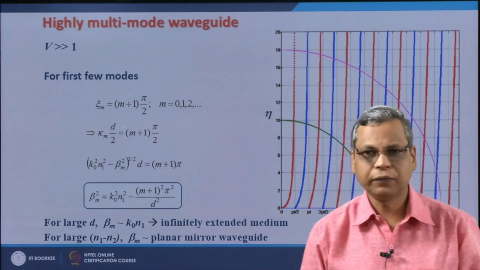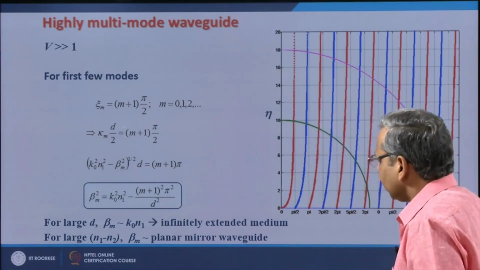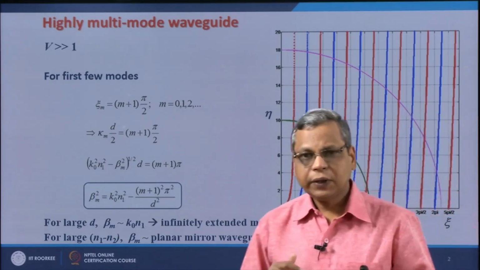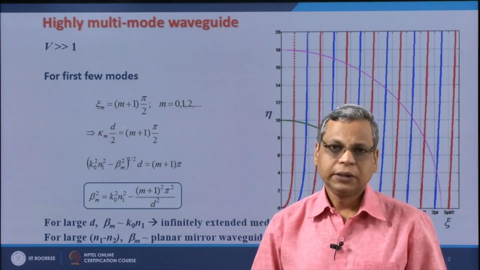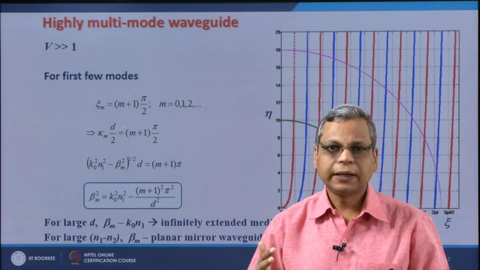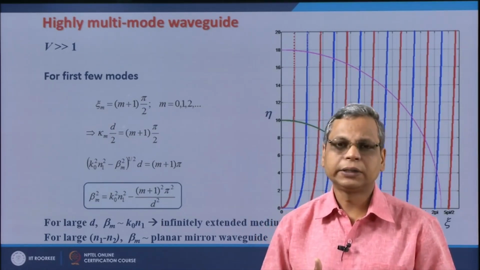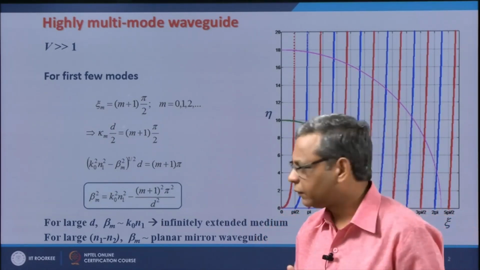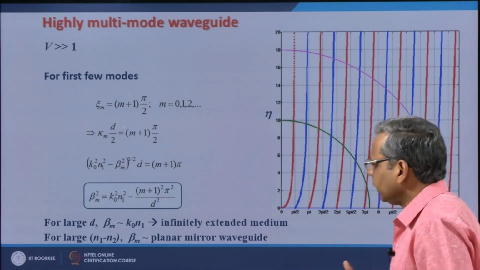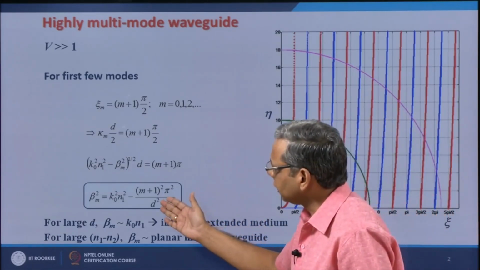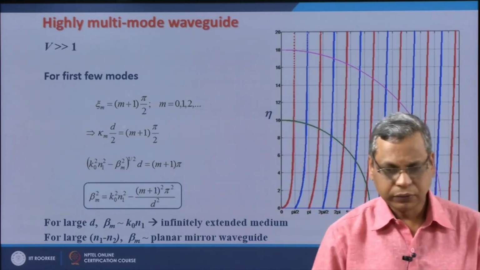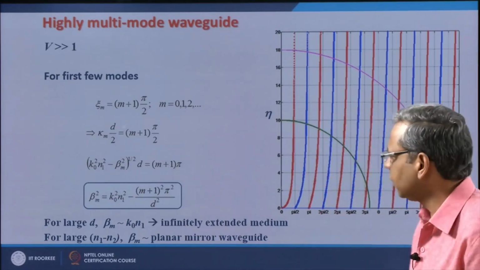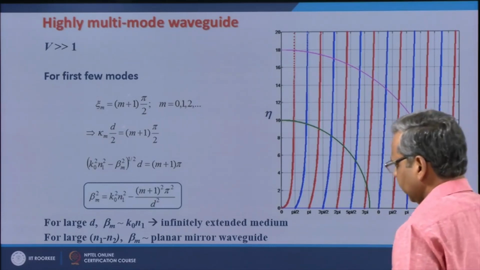So, it would be difficult for the wave to penetrate into the n 2 region. It would be very close to a planar mirror waveguide, and in that case you can see the expression for beta closely resembles the expression of beta for the planar mirror waveguide.